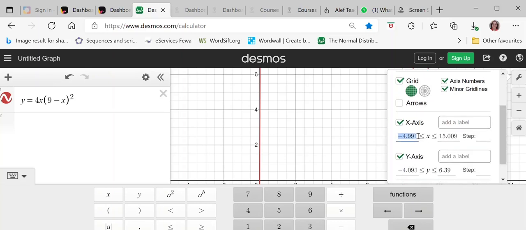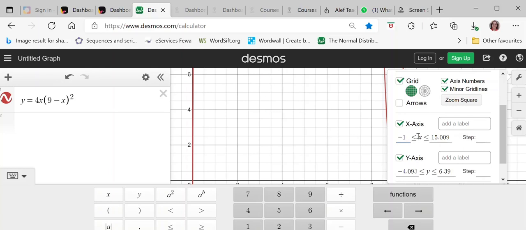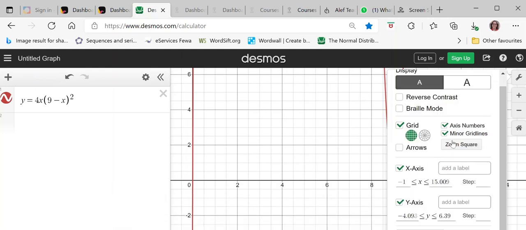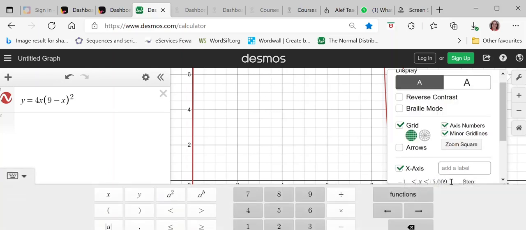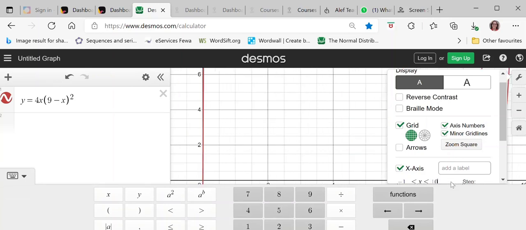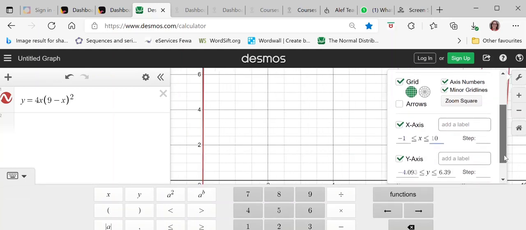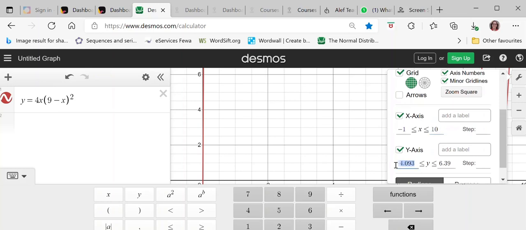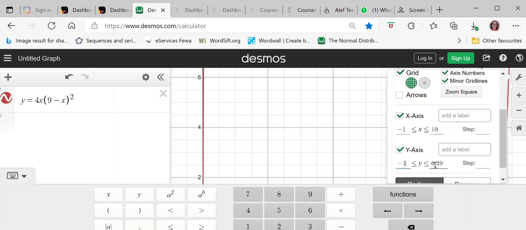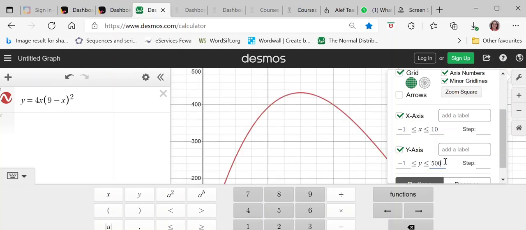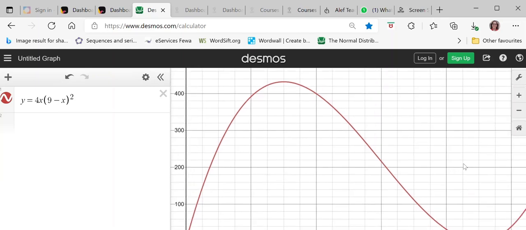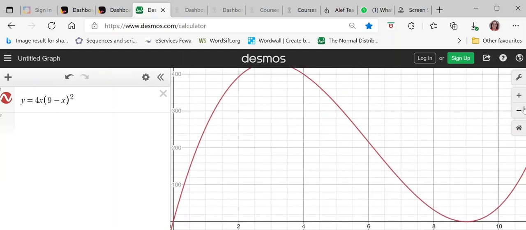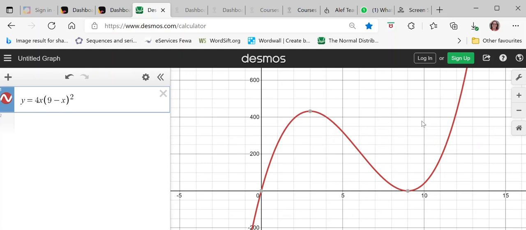For the x-axis, we only want from minus 1, and we know that it's going to be up to 9, so I'm going to change this to 10. And on the y, from minus 1 up to, let's say, 500, so we can see. So here's my graph.